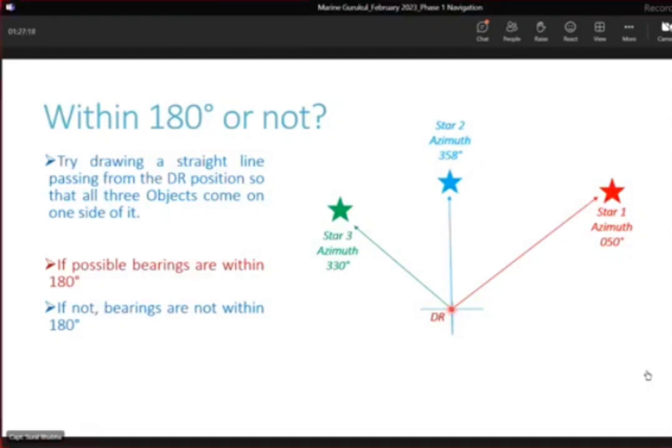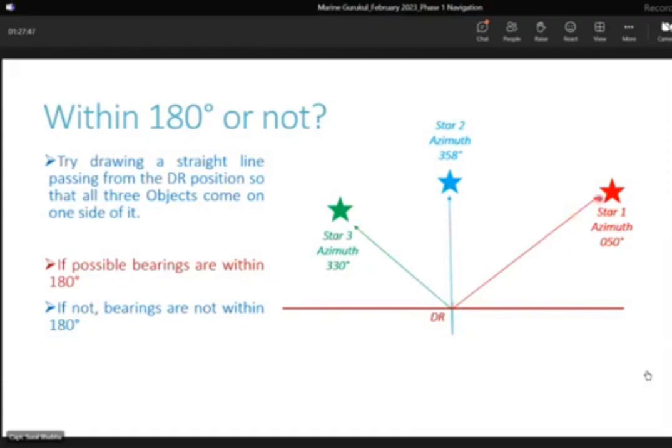Now let's see in our example whether we can draw the line or not. In this case, you can easily draw a line in the east-west orientation. You can see this maroon line coming up on the screen. Now this line is passing through the DR position and all the three stars are on one side of that line.